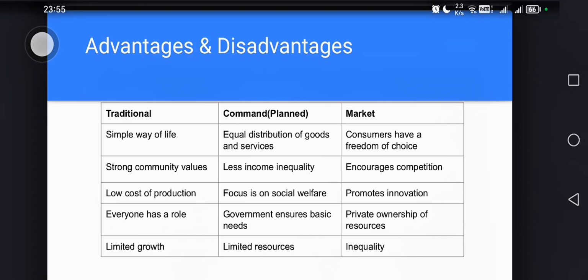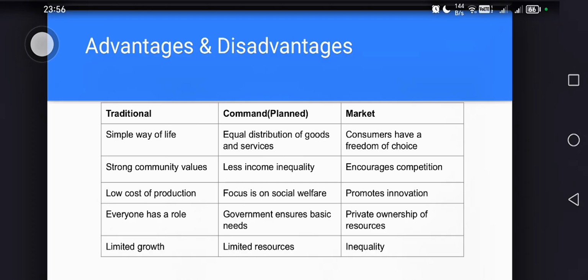Then, under the market economy, consumers have got freedom of choice. Like I said, they choose what to produce and what not to produce. So in this case, if a company decides they're not going to provide education to everyone, because their primary goal is to make profit, so if it's not profitable for them to produce a certain good, they're not going to invest much in producing those goods and services.